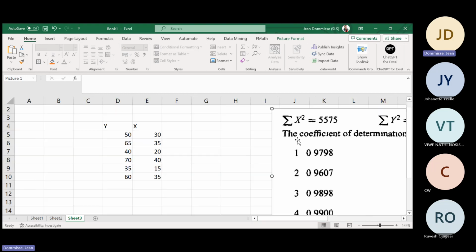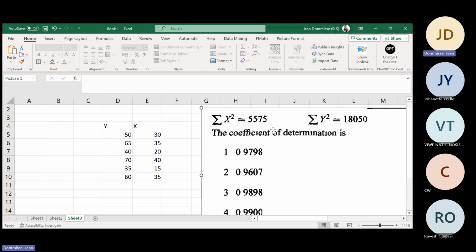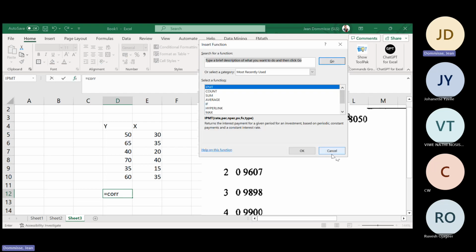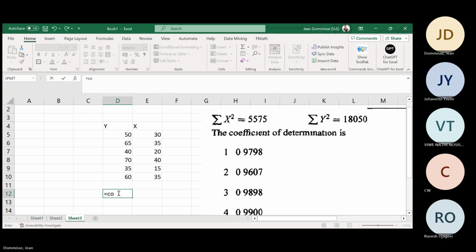Everything in here you can use in the formula as well, but obviously it's easier to use the Excel functions. So put that one in, that one in.